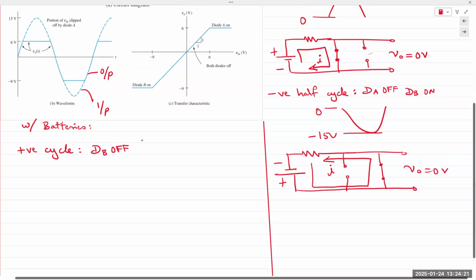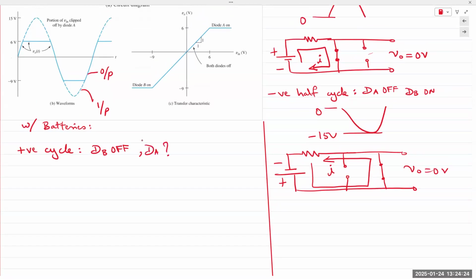What happens to DA? The cathode is held at plus 6 volts. Is the diode on or off? It's actually both, depending on the level of V in. If V in is less than 6 volts, then DA is off.